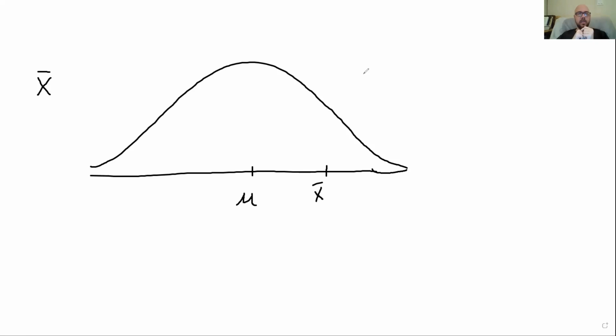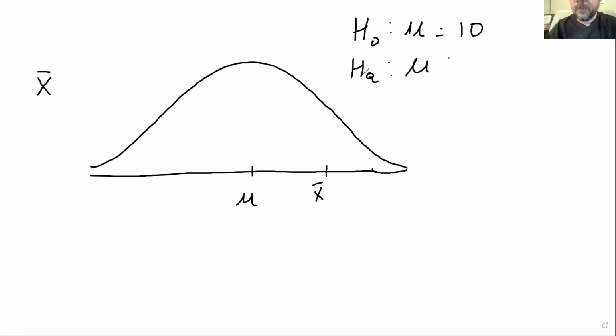When we write our hypotheses, what we're going to have is some statement like this. Null hypothesis, mu equals 10. Let's say our hypotheses look like that.